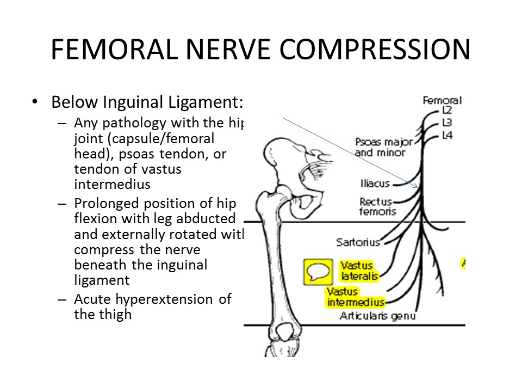Now below the inguinal ligament, any pathology to the hip joint can cause injury to the femoral nerve. And so what kind of injury could you have to the hip joint? How about osteoarthritis of the hip joint? How about injury to the hip joint? How about an anterior dislocation of the hip joint?